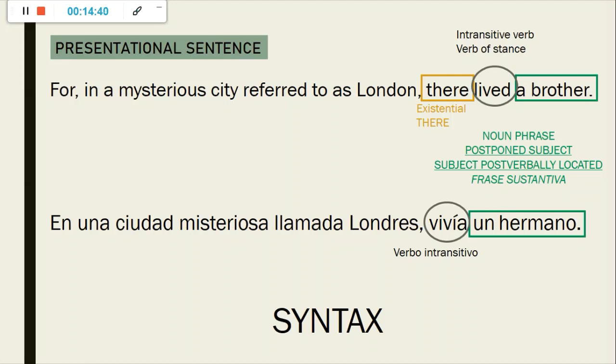In this case, we can see that this is a presentational sentence, and that it can be interpreted as introducing an entity, a brother, into discourse.